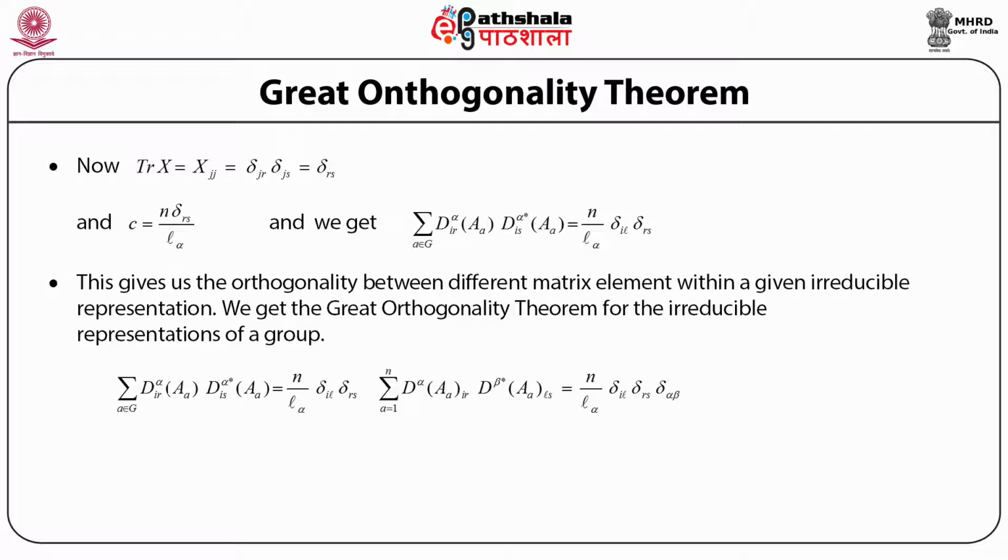Sum over all the elements D^alpha_ir(A) D^beta*_ls(A).